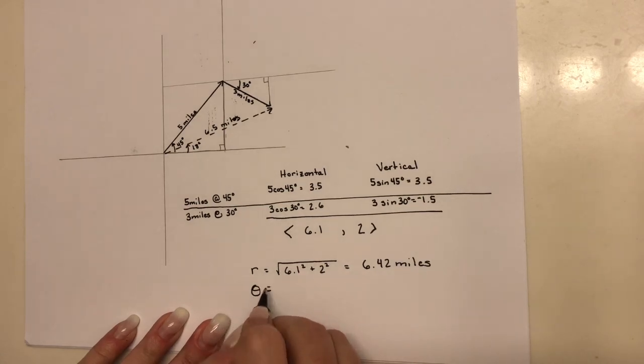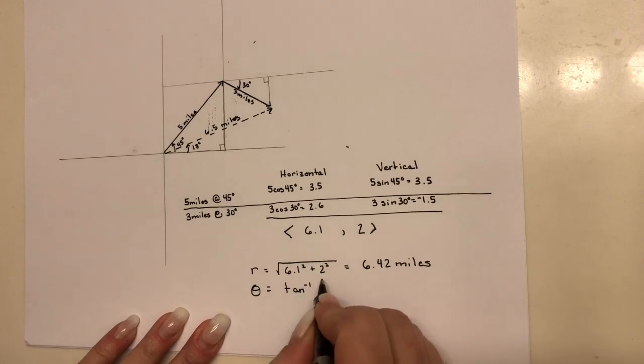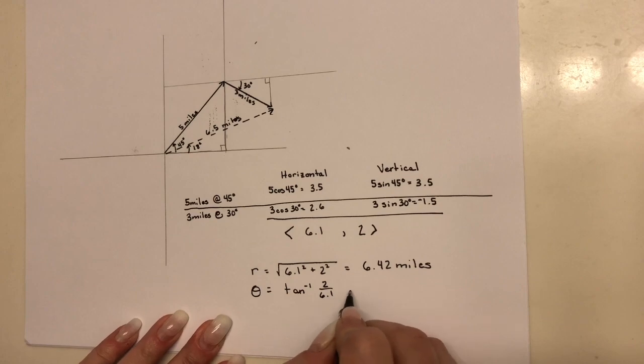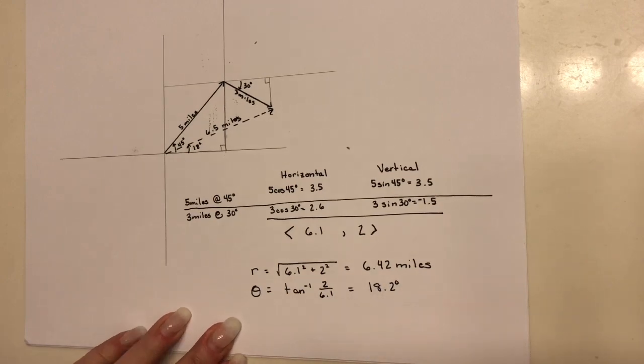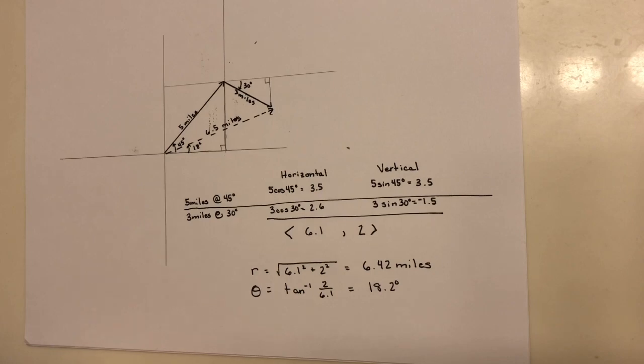And then my theta is tangent inverse of 2 over 6.1, which comes out to be 18.2 degrees with the horizon. And that again is very close to what I found when I actually measured it with my protractor.